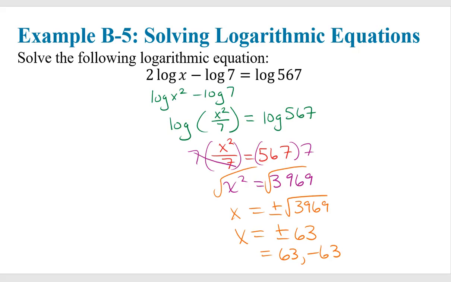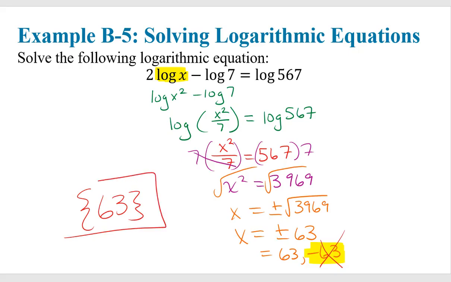Now, because we are dealing with logarithms, again, log of x, that means that my domain has to be any number that's greater than 0. This number is not greater than 0, so that is an extraneous answer. So that negative 63 does not check. So I only have one solution that will check, and that is the number 63.